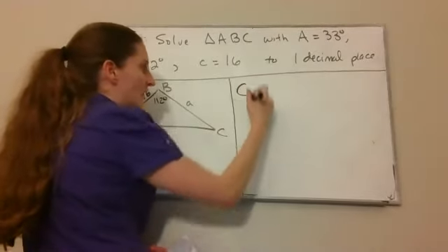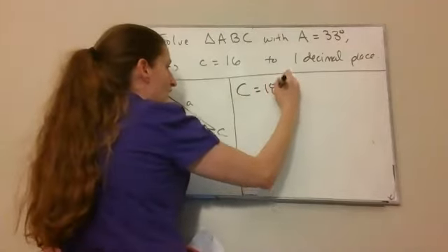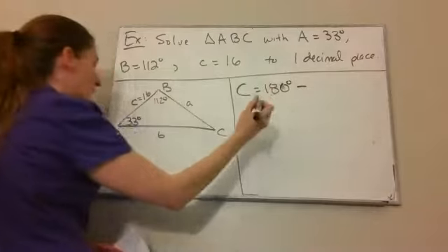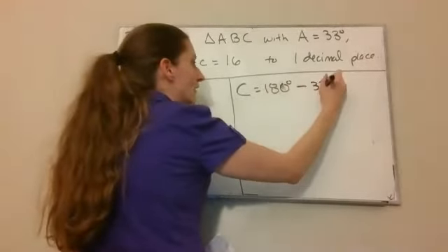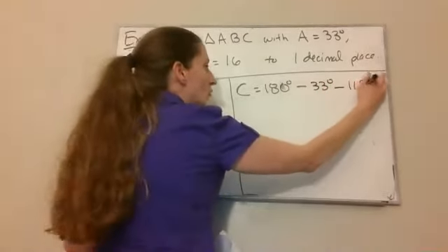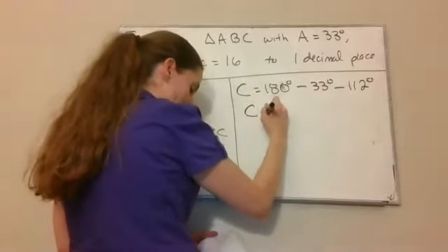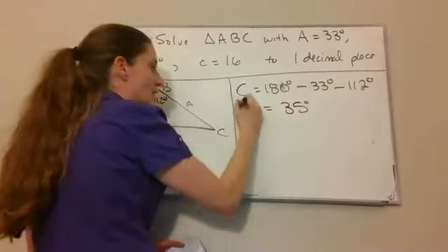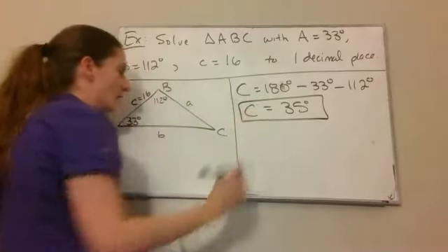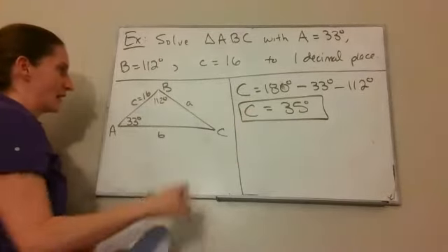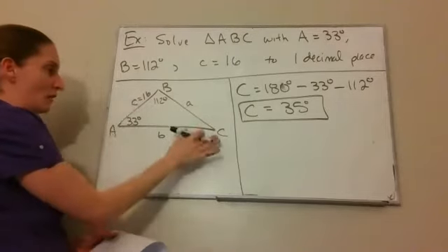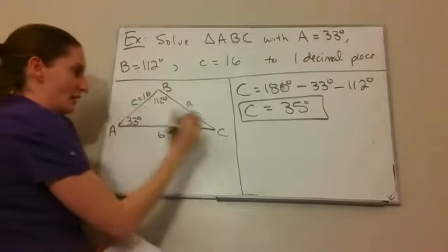Angle C is, again, 180 degrees minus my other two angles, so minus 33 degrees and minus 112 degrees. So angle C is equal to 35 degrees. Now I can find sides a and b using angle C and side c.